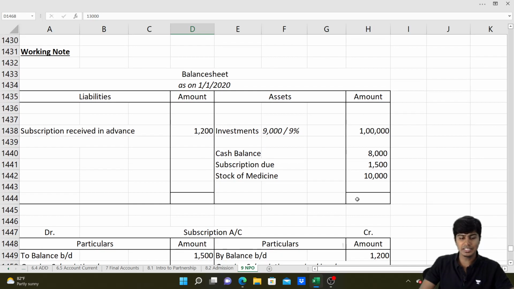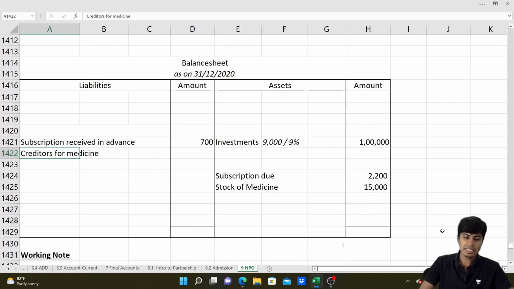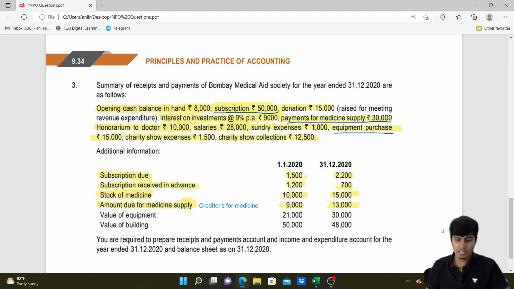In the opening balance sheet, I'll write creditors for medicine 9,000 liability, and in the balance sheet as on 31st of December 2020, creditors for medicine 13,000. 9,000 opening, 13,000 closing. Got that?